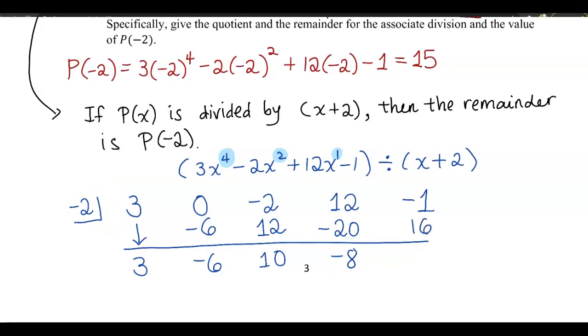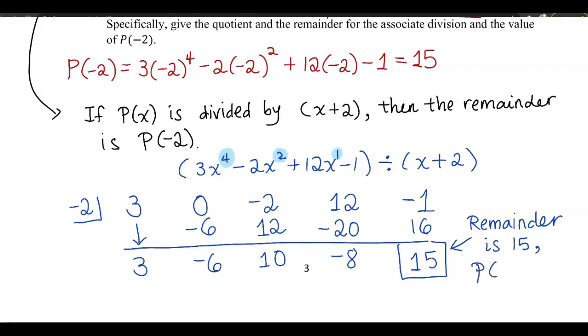And finally, if I add these two numbers, I will get 15. Didn't we see that 15 before? We got the remainder. Remainder is 15, which means p of negative 2 is 15 by the remainder theorem.